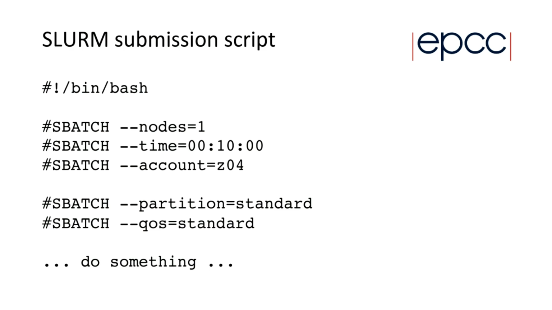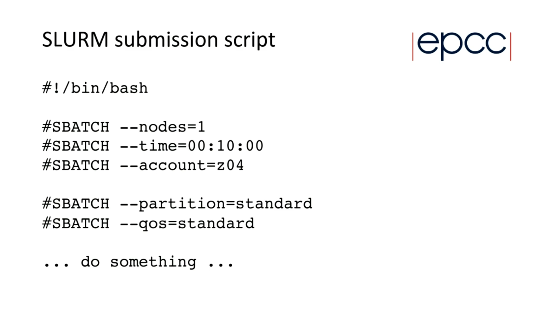So we have the shebang at the top, /bin/bash. As this is a bash script, comments are usually introduced with a hash sign. So we have these special comments which announce options for Slurm to recognize.